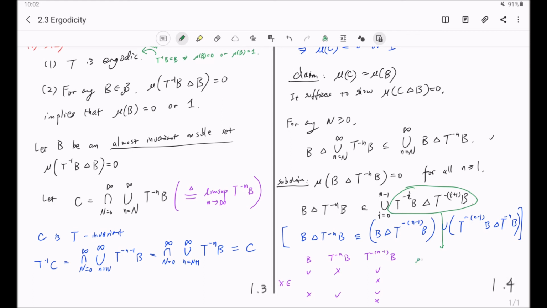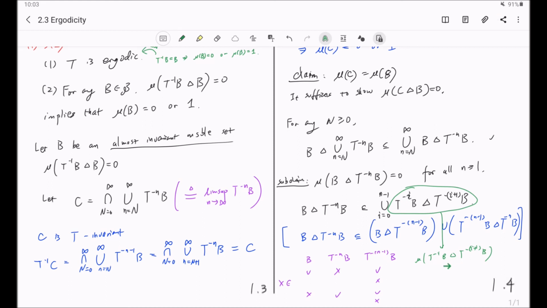Why is that? Because the measure of this, by the measure preserving property of T, because we assumed that T is always measure preserving.